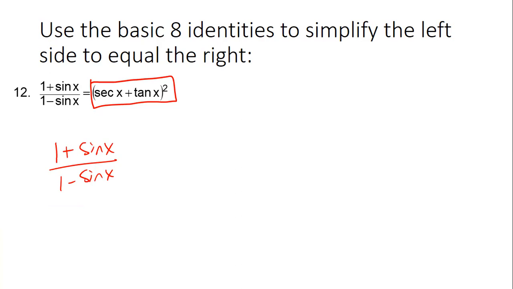Conjugate is just a fancy way of saying you're multiplying by a fancy one. Your conjugate is the opposite operation of your denominator. So in my denominator, I'm currently subtracting, so the opposite of that is going to be adding.